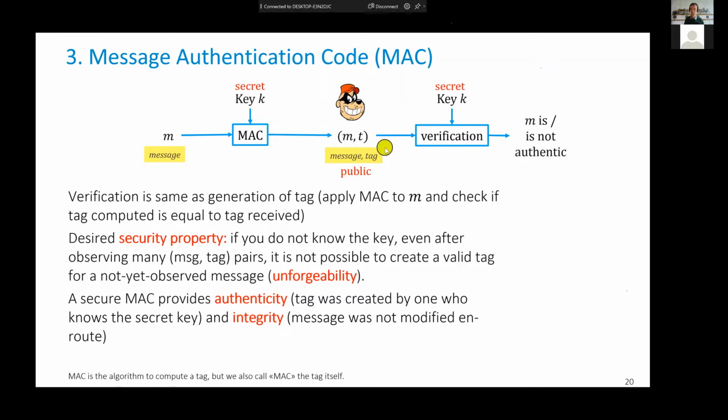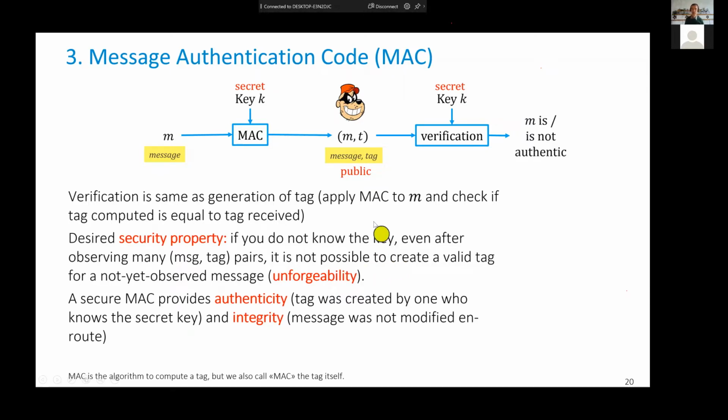At least in this explanation now, the message M and the tag are sent in the clear. So when I receive the message M, I also receive the tag, and I will do the verification, which is exactly the same as the computation of the tag. So I take the message M, I know the secret key, therefore I can recompute the tag T prime, and if the T prime I have is the same as the tag that was sent here, I think that the message is authentic. I think it is authentic because our MAC system should have the property of unforgeability.